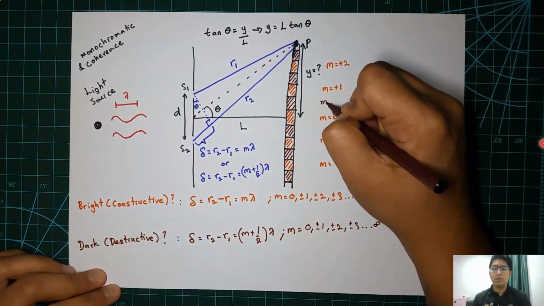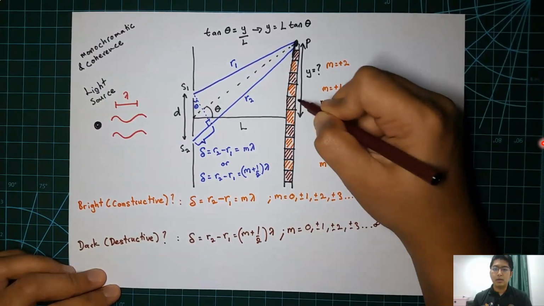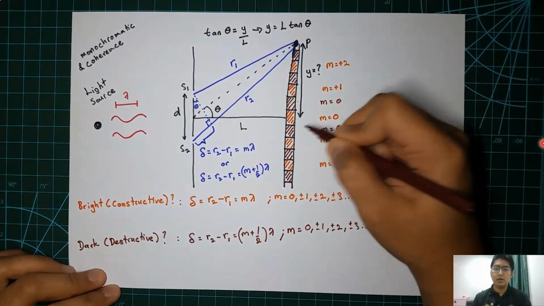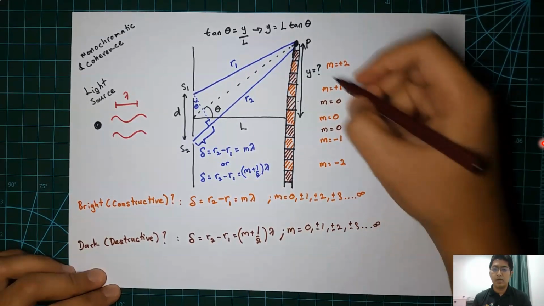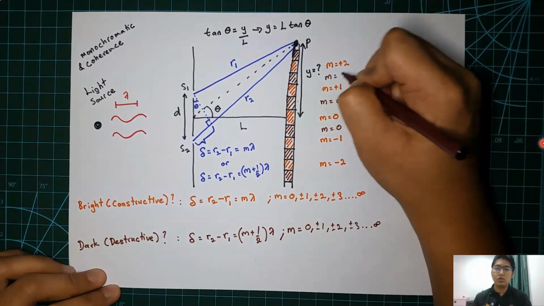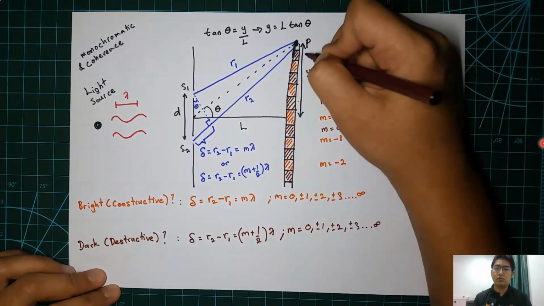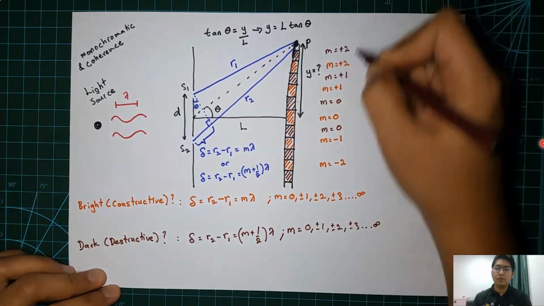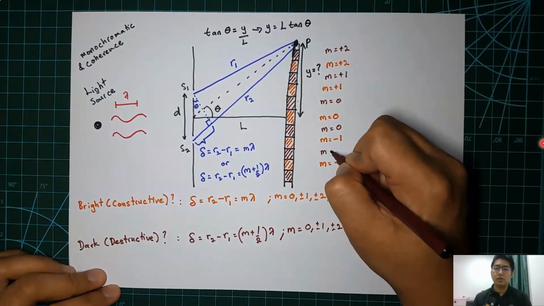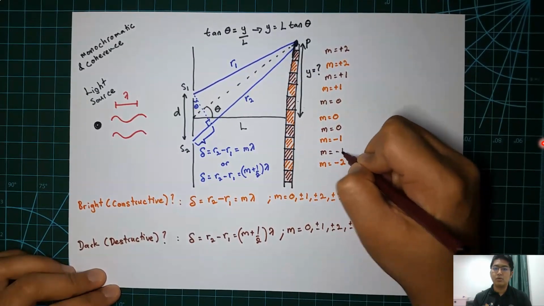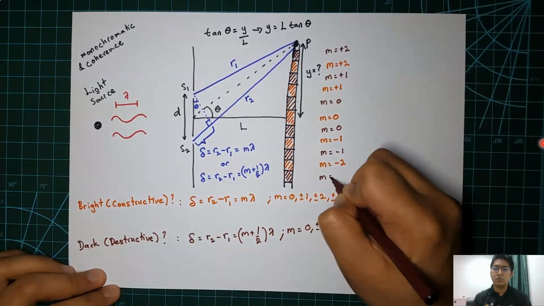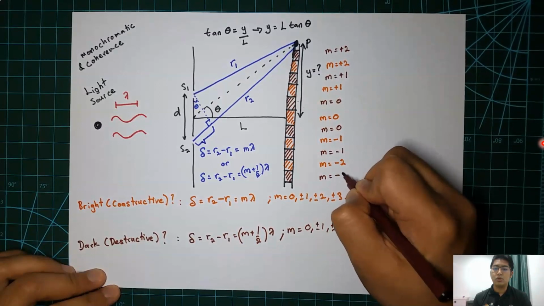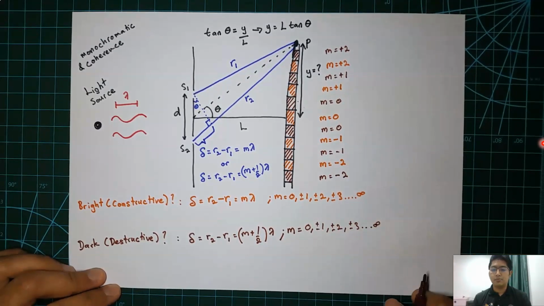So where are these m located? For the dark fringe, there are two m equals 0: m equals 0, m equals plus 1, m equals negative 1, m equals plus 2, m equals negative 2.